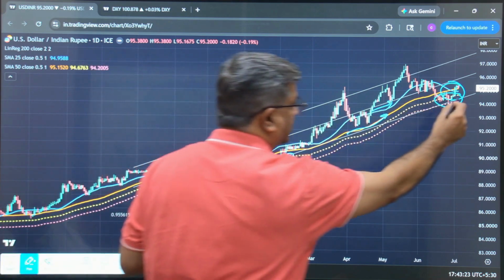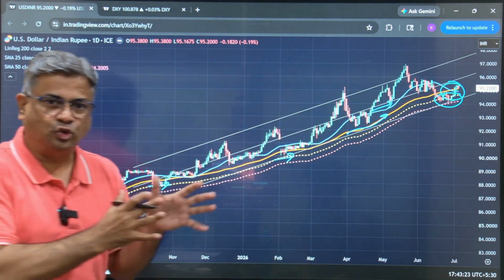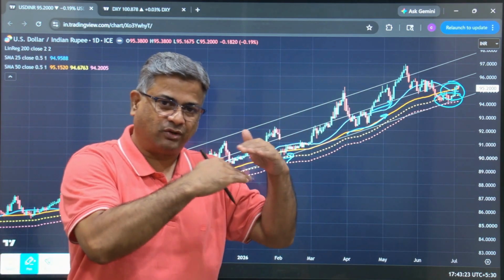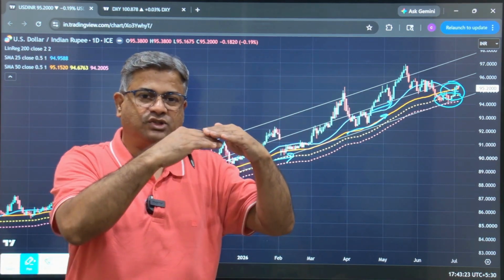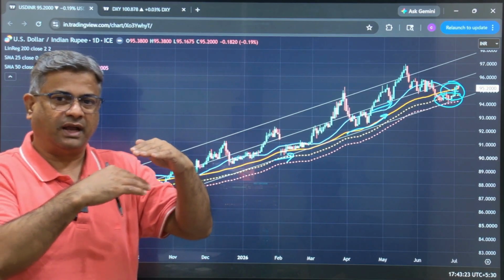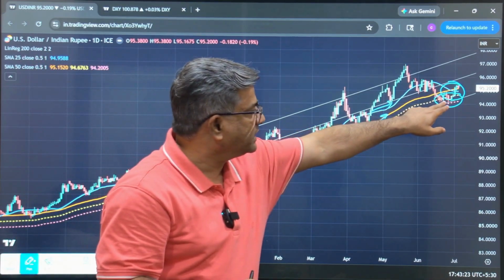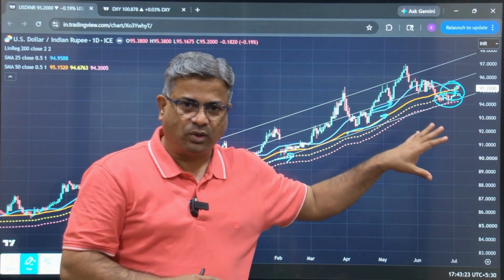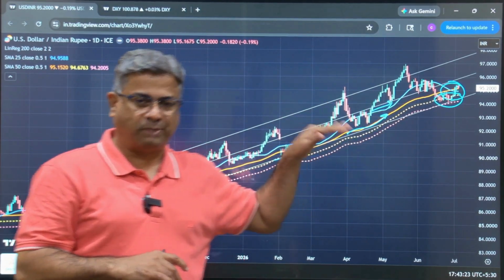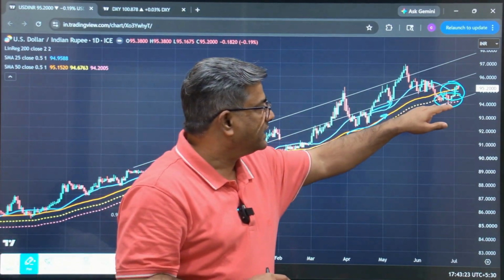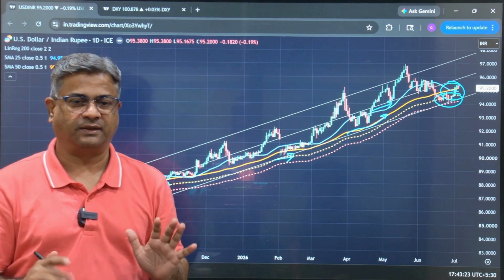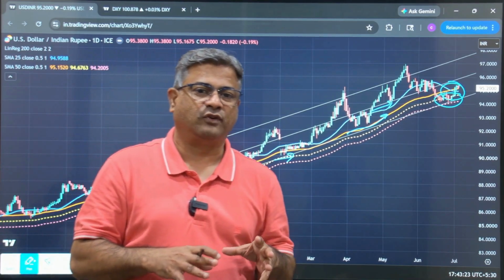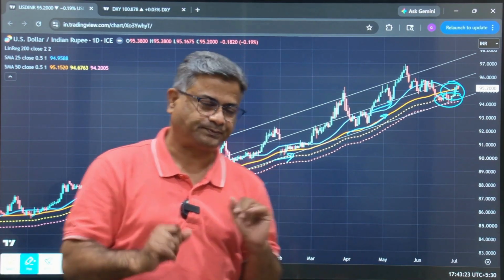In the month of June, for 2 weeks, prices stayed in between those lines. Those are very good levels for dollar importers to buy. The level between 94 and 94.50 are good levels for dollar importers to hedge.